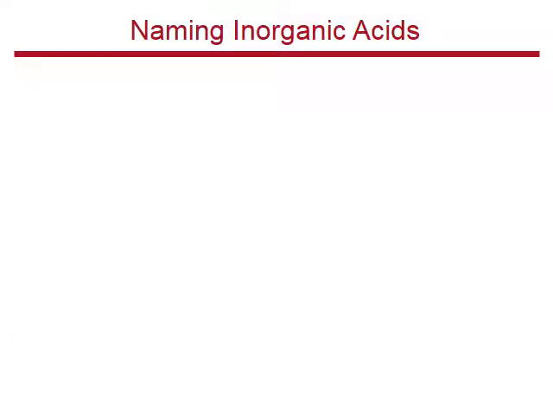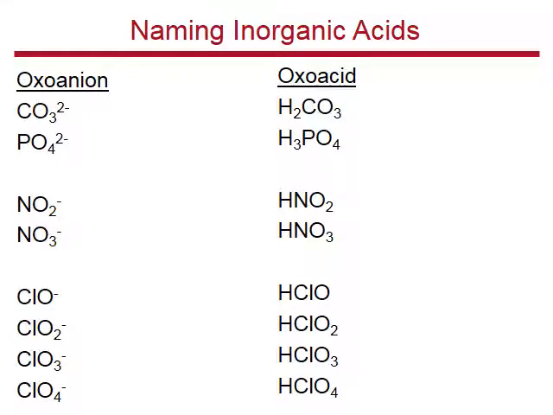Let's do some examples to name the oxo acids from the corresponding oxo anions. As you can see, the oxo acid is exactly the same as the oxo anion, except that the oxo acid contains hydrogen ion. Let's take the first example. Carbonate, ending with ATE, becomes carbonic acid.